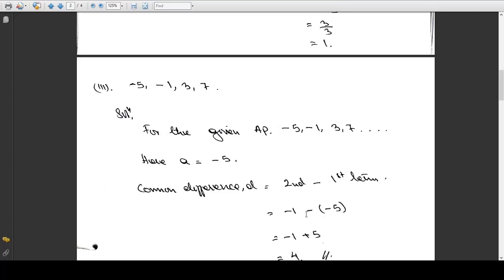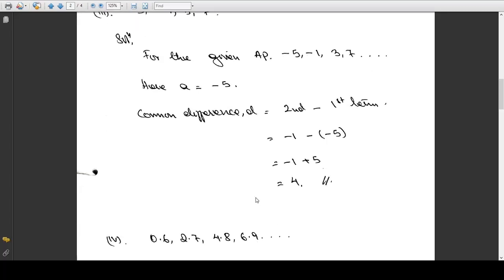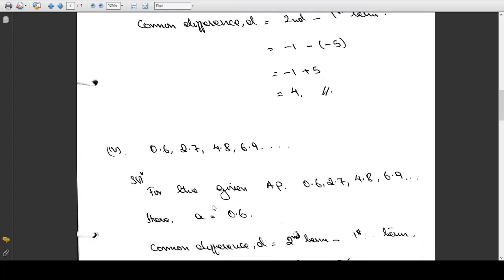So -1 minus (-5), and minus with minus is plus. -1 plus 5 is 4. Therefore you will get 4 as the common difference. Very simple. You just take the first term, and the common difference is the difference between any two consecutive terms.